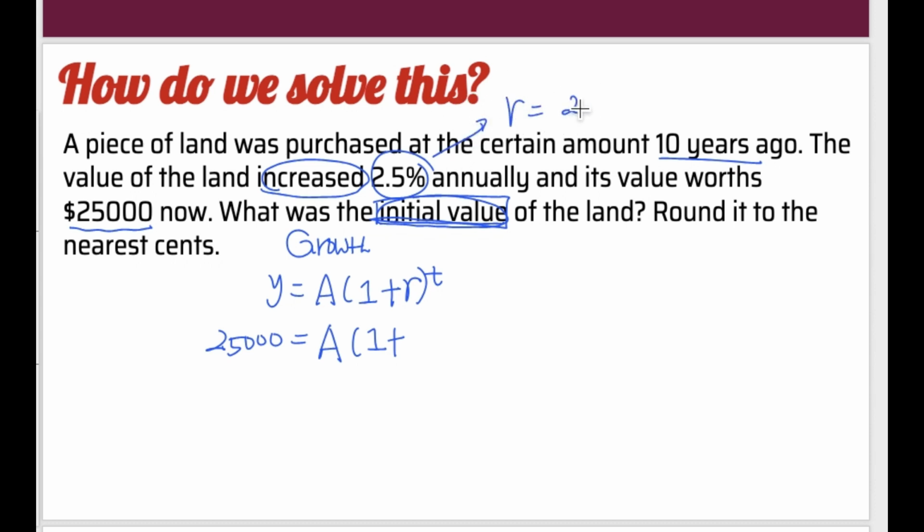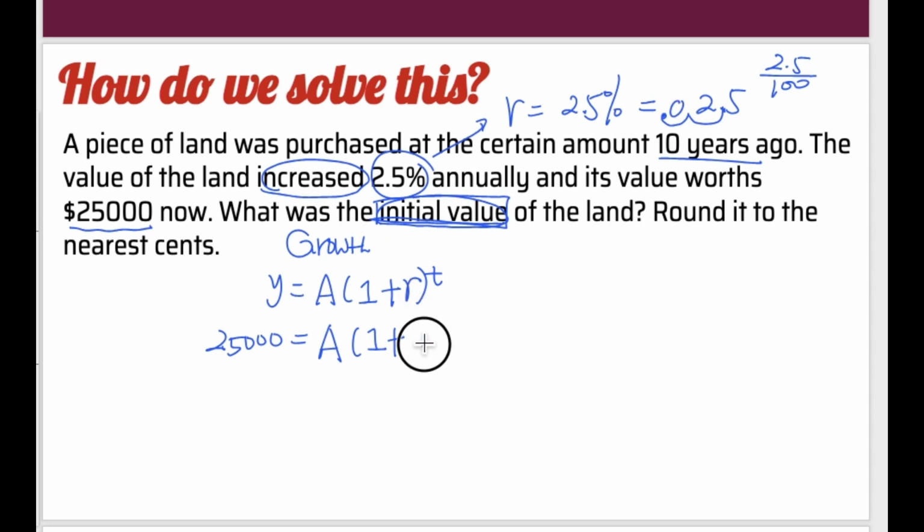As we mentioned before, the rate is often presented as a percentage, but we are going to change it to a decimal. There are two ways to do that. You can put it in the calculator as 2.5 divided by 100, or you can move the decimal two places to the left and make up the placeholder with a 0.